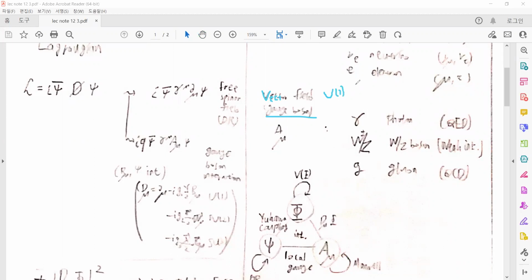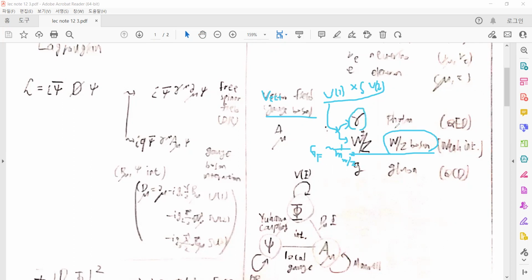Such a U(1) is related to electroweak symmetry breaking, and the W and Z bosons couple to the Higgs, so they acquire mass. The mass of the W and Z bosons makes the strength of the interaction very weak, the so-called Fermi constant, because in the propagators the mass of the W and Z bosons is in the denominator, and it suppresses the strength of the interaction.